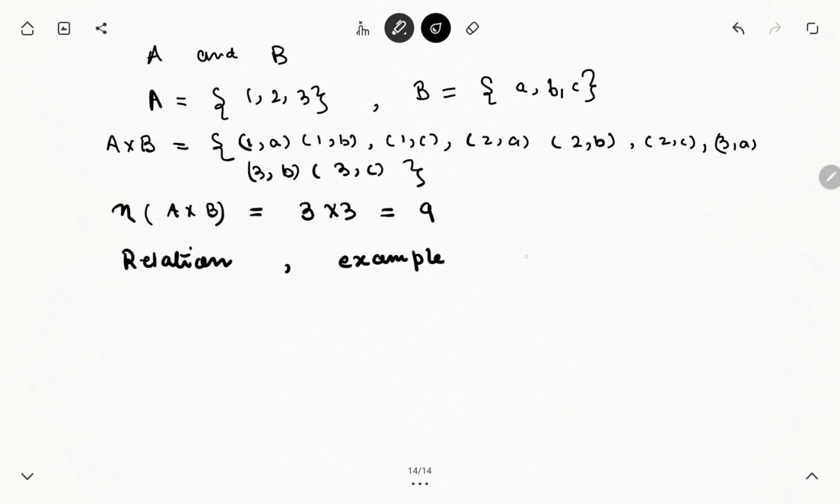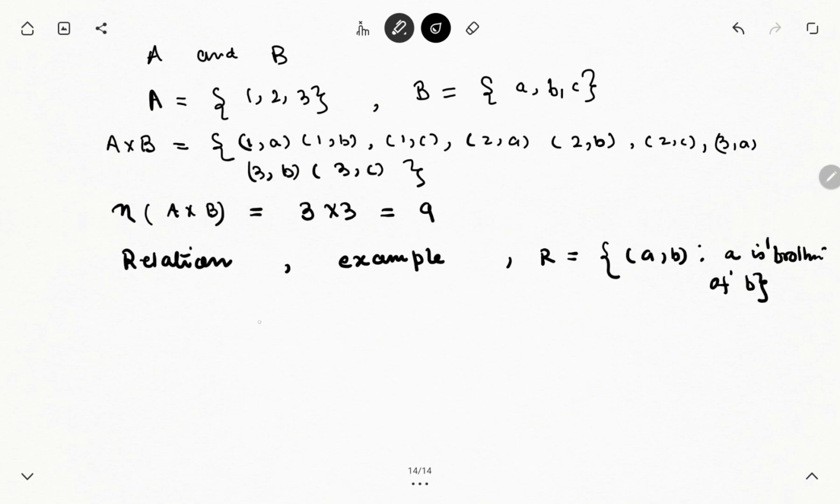Example, a relation R is like this: A is related to B. How? That A is brother of B. So, is brother of is a relation.